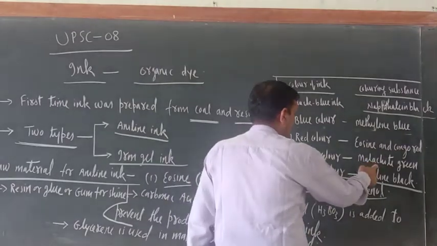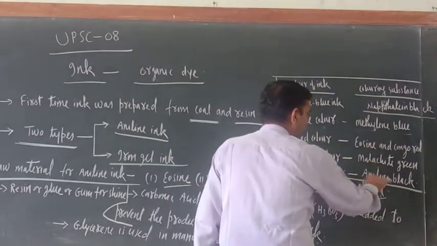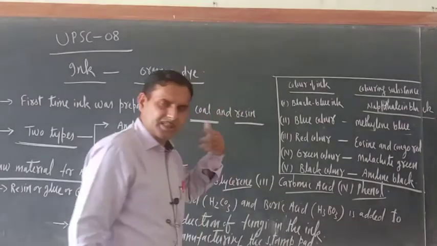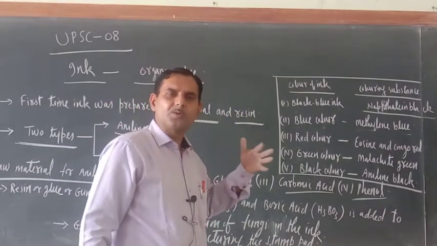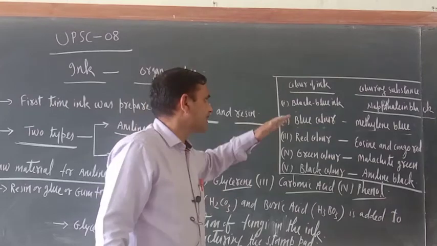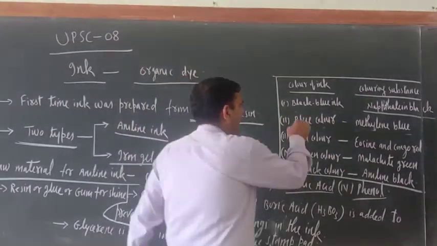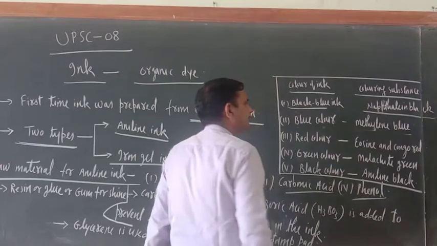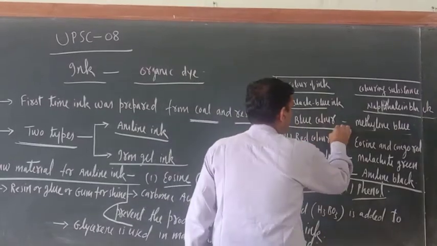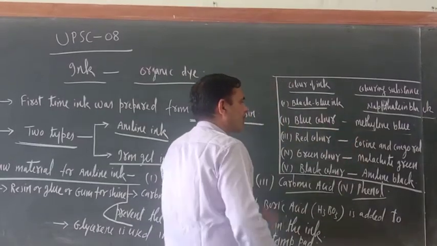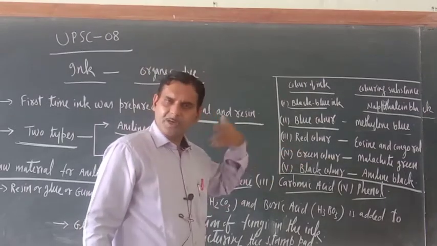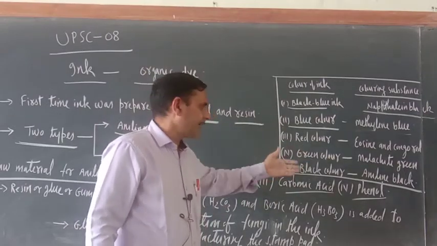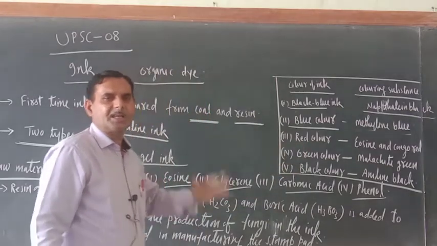For green color, malachite green. For black color, aniline black. We use different colors of ink, so how do they become different colors? Blue black ink because of the addition of naphthalene black, blue ink because of methylene blue, red because of Congo red, green because of malachite green, and black because of aniline black.